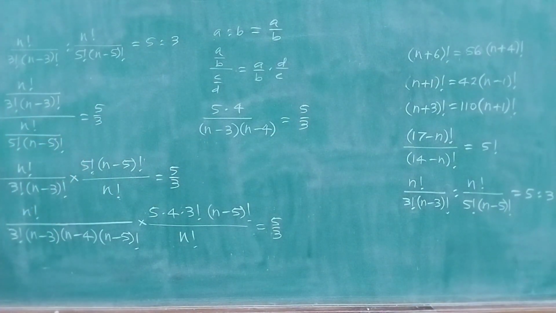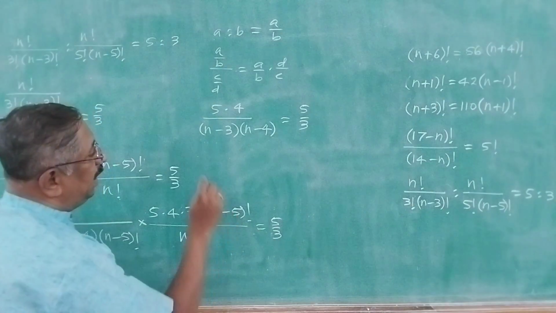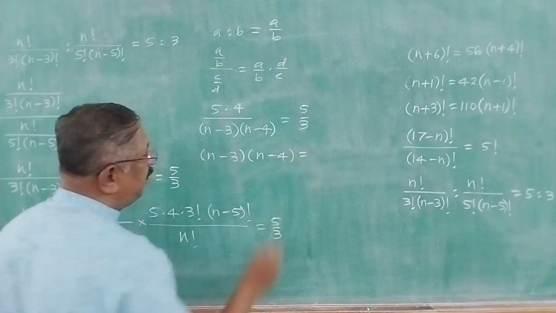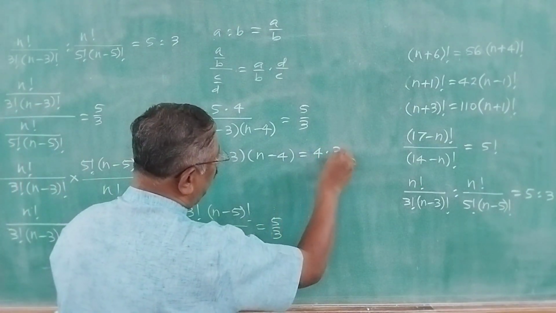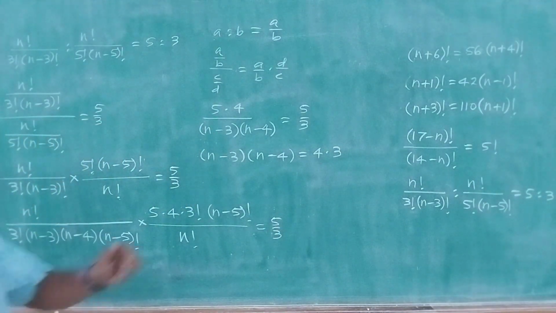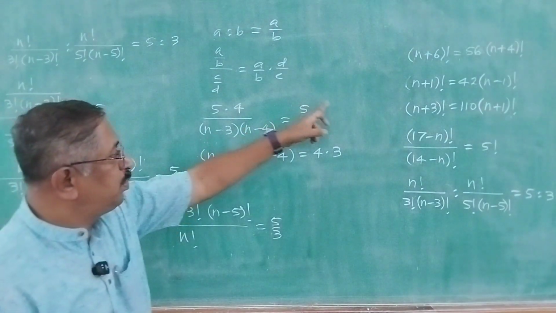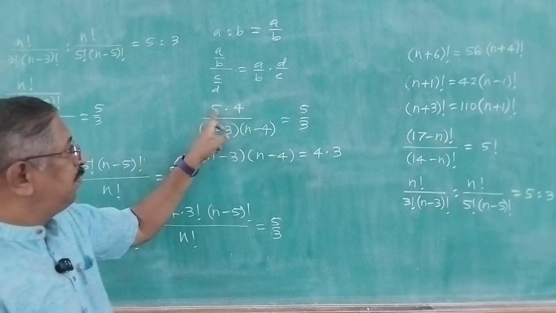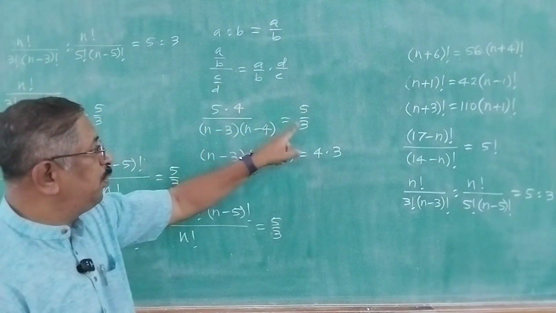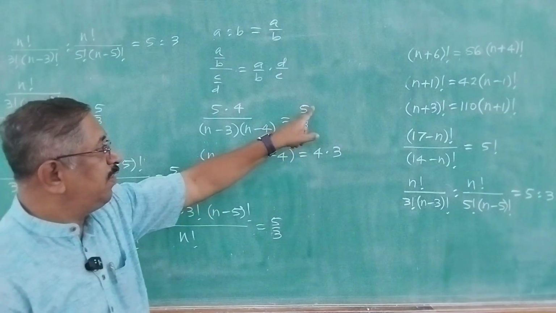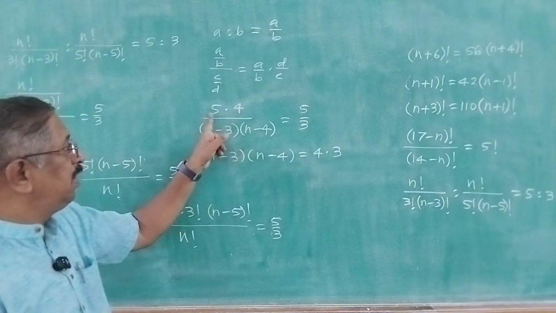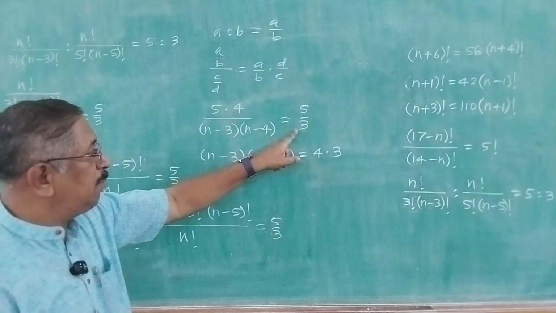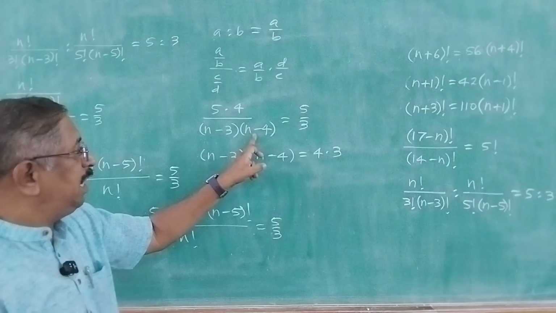One more thing: now this 5 will also get cancelled, and it will give you (n minus 3) multiplied by (n minus 4) equated to 4 multiplied by 3. How is it? (n minus 3), (n minus 4) shifts to the right side, this 3 shifts to the left, 5 gets cancelled, and it will be 5 into 4 into 3 equated to 5 into (n minus 3), (n minus 4). 5 gets removed. Since it is non-zero, without hesitation, 4 multiplied by 3 is equated to (n minus 3), (n minus 4).